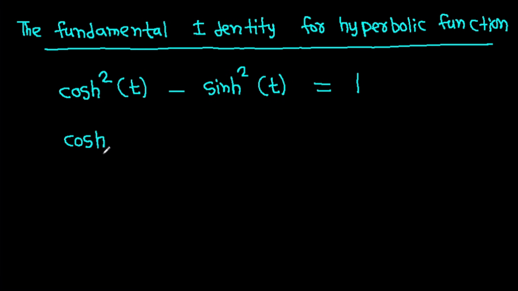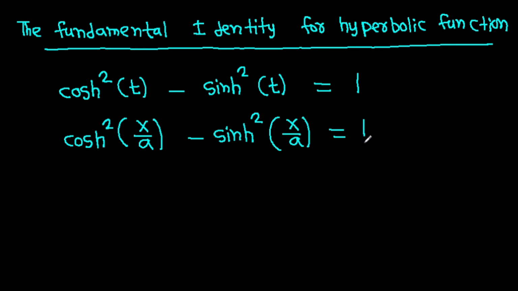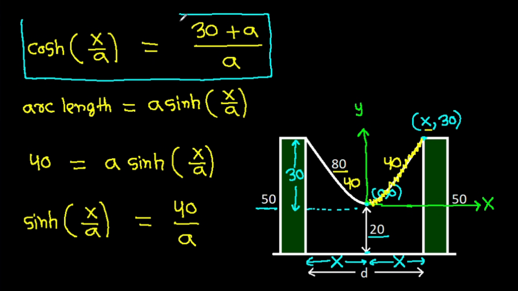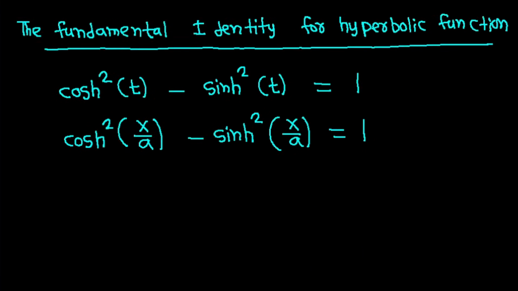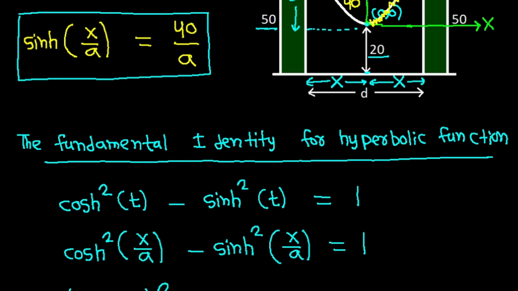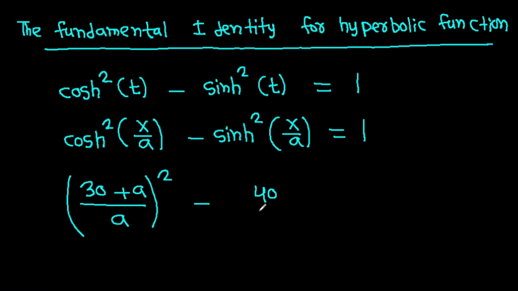So cosh squared of x over a minus sinh squared of x over a will be 1, and cosh of x over a is 30 plus a over a, so (30 plus a over a) squared minus, and sinh of x over a is 40 over a, (40 over a) squared, equals 1.